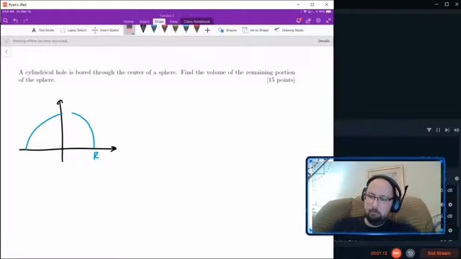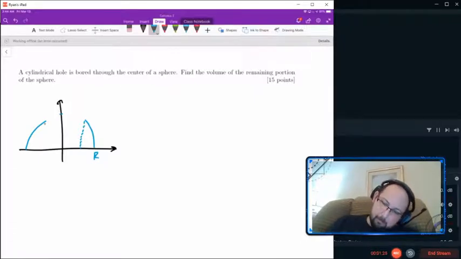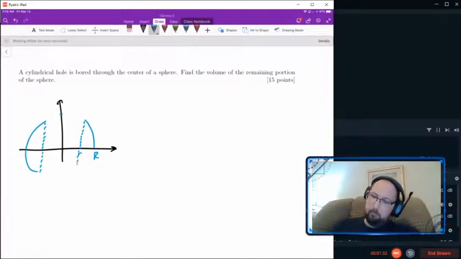So I need to erase the top portion and try to make that even. And then we'll have a cylinder inside the sphere at some radius small r. So that's my best attempt at drawing the images here.